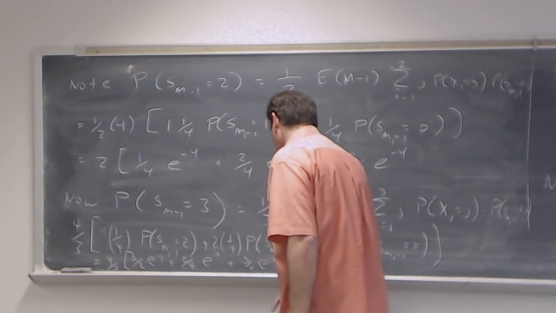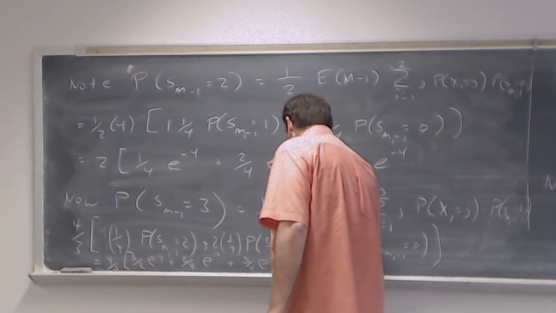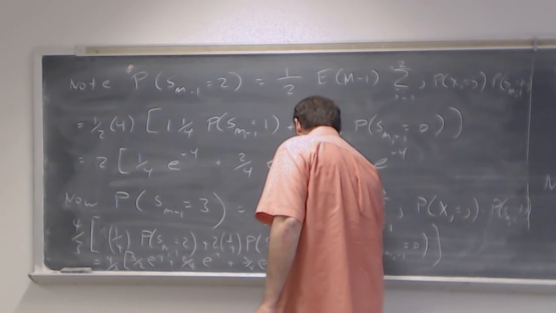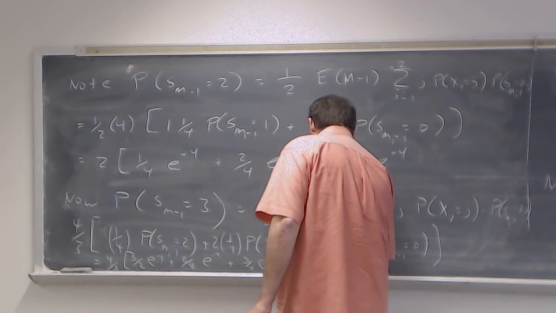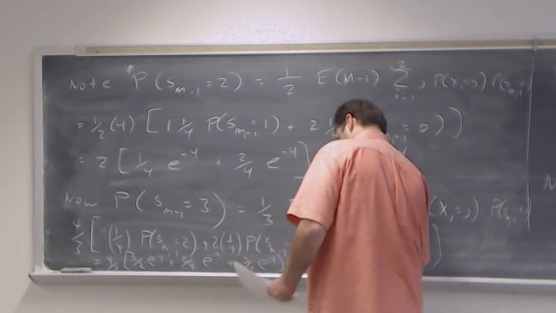And so when we compute this, it's 4/3 times 8/4 times e to the minus 4, so what I end up getting here is 8/3, I think.